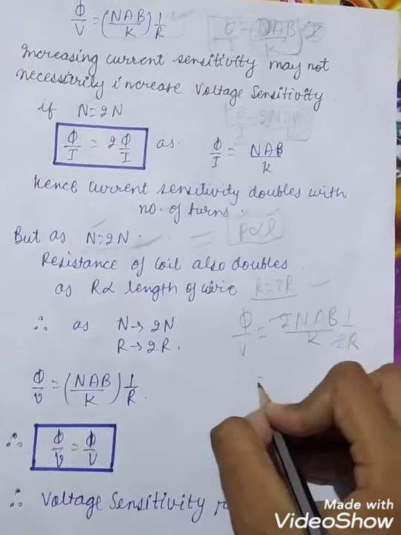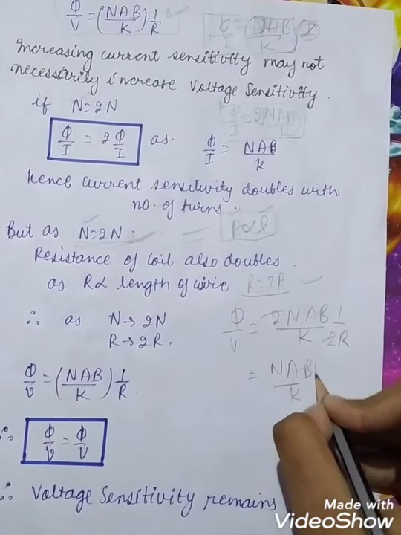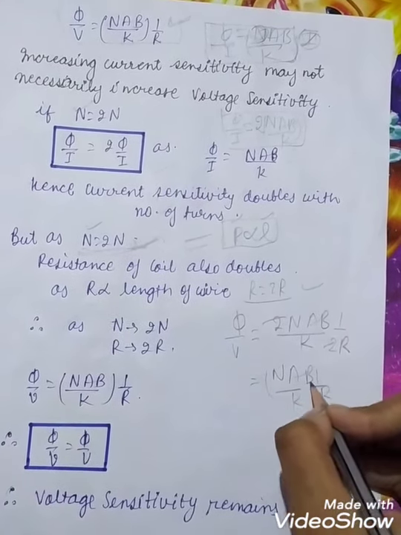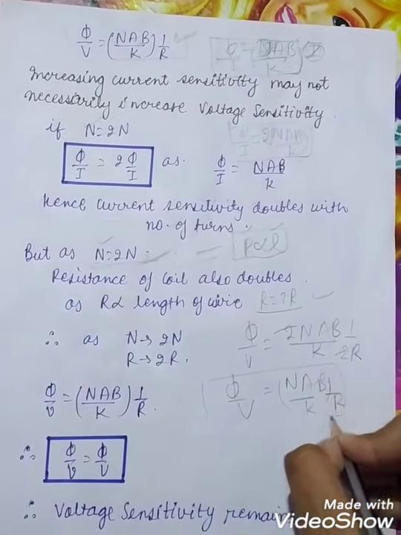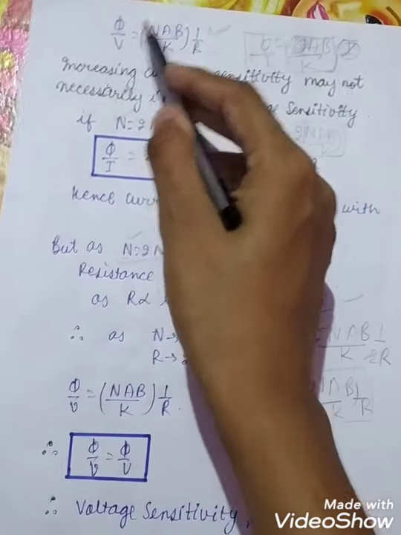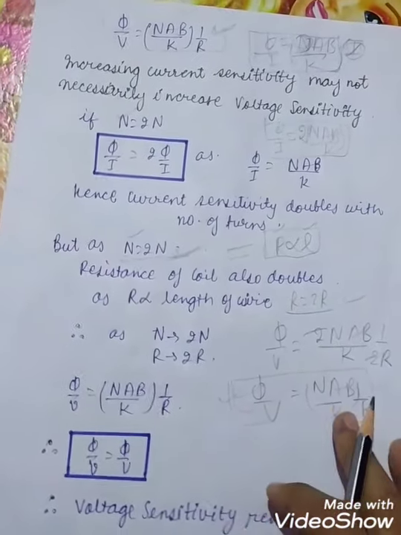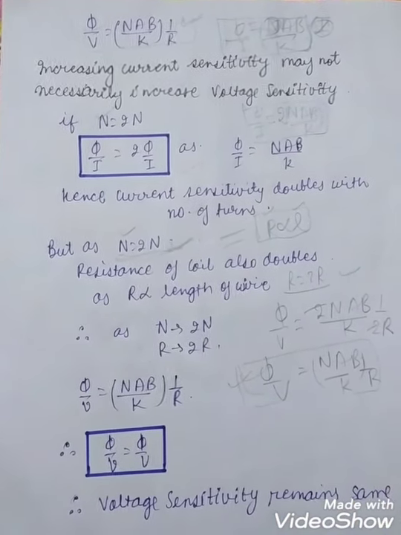What do we get? We get NAB divided by K into 1 upon R. So this is the original value, what we had previously. So we can see that there is no change in voltage sensitivity if we have increased the number of turns.